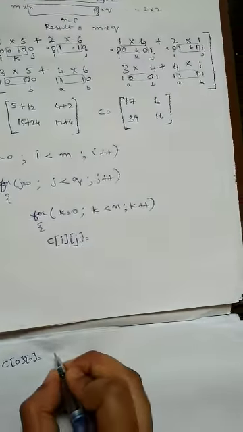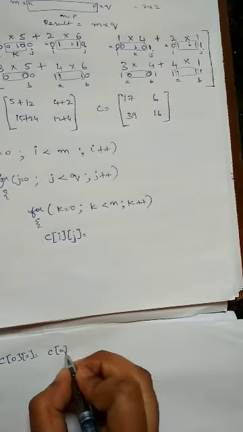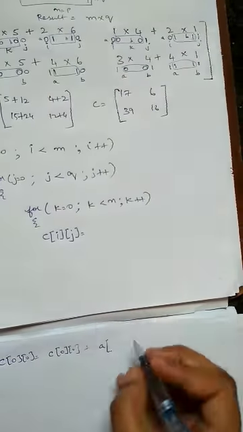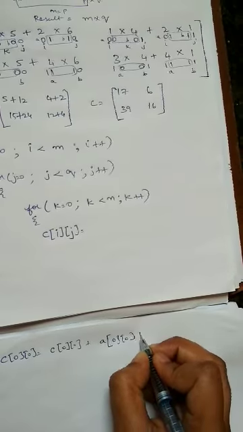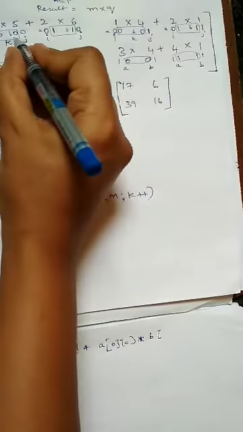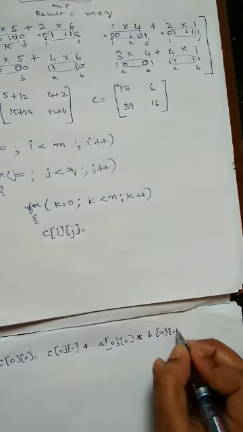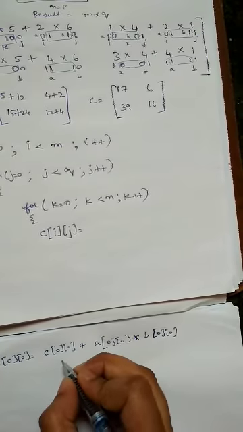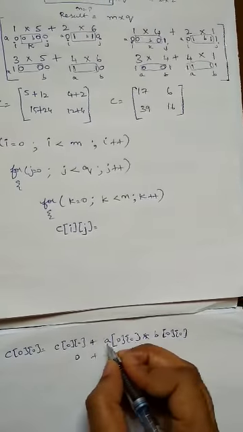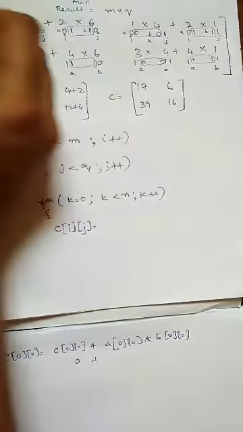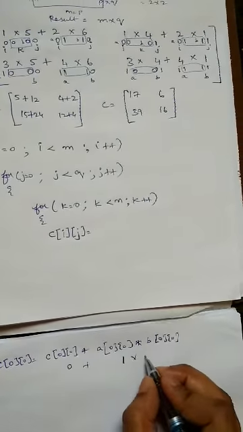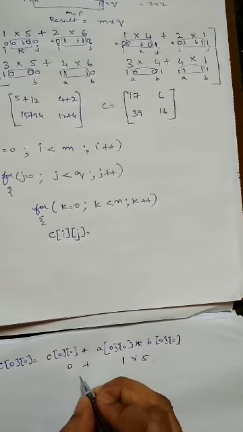So it is nothing but C of 0, 0, I have to add it with A of 0, 0 into B of 0, 0. Nothing is computed, so I can just initialize it to 0 plus A of 0, 0. A of 0, 0 is 1, and then B of 0, 0 is 5. So 1 into 5 plus 0, it is 5.